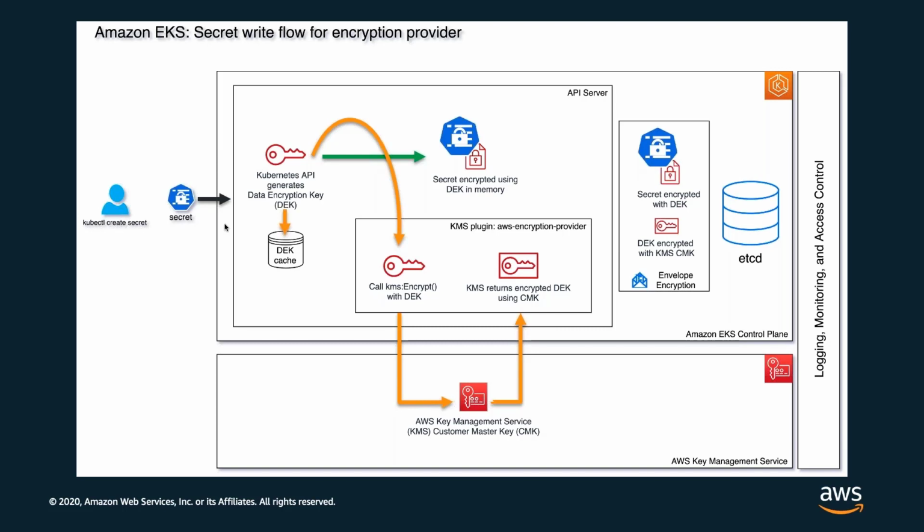One is the secret, which is encrypted with the DEC, and the other is the DEC, which is encrypted with the KMS CMK. So that completes the cycle around creating the envelope encrypted secret, and it's then stored into etcd. Now that's the write secret flow. So when a new secret is created, it gets encrypted using this flow.